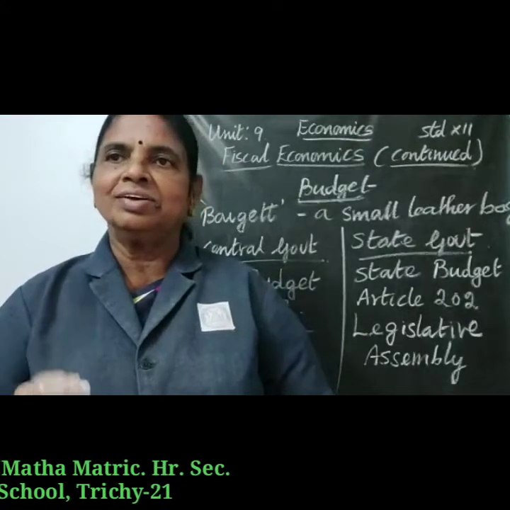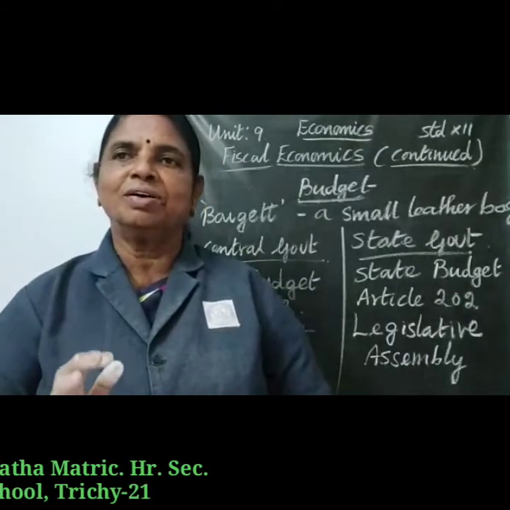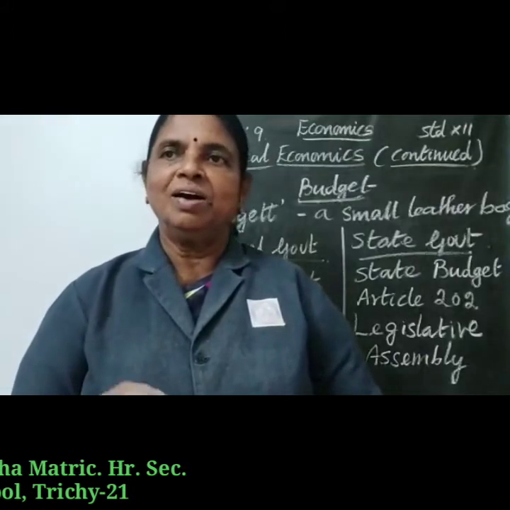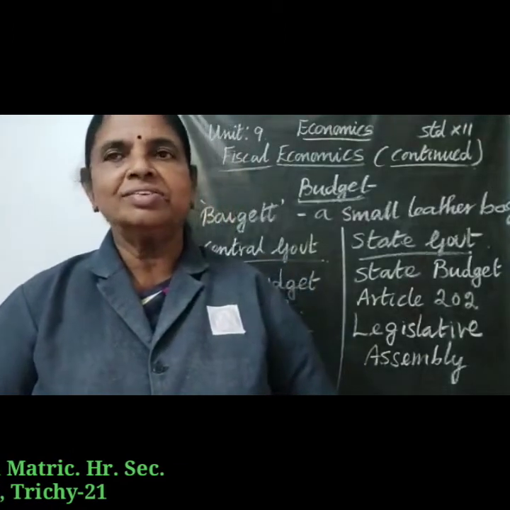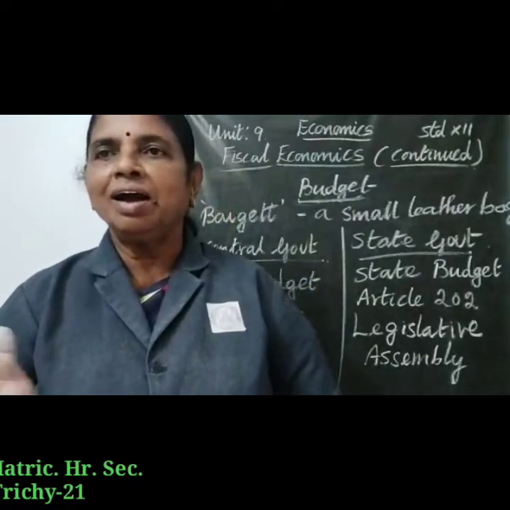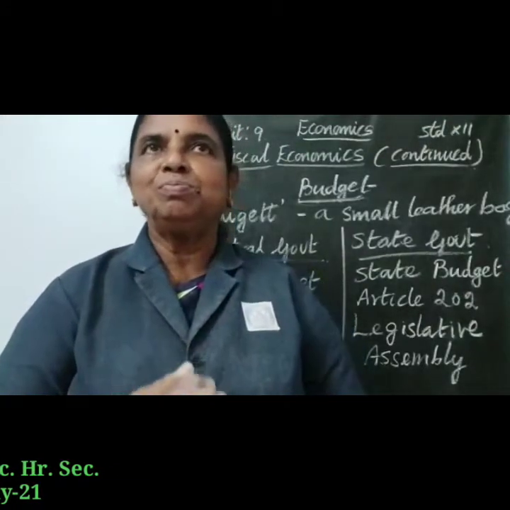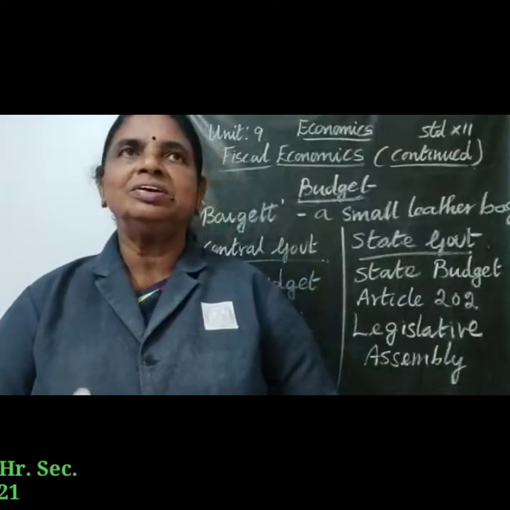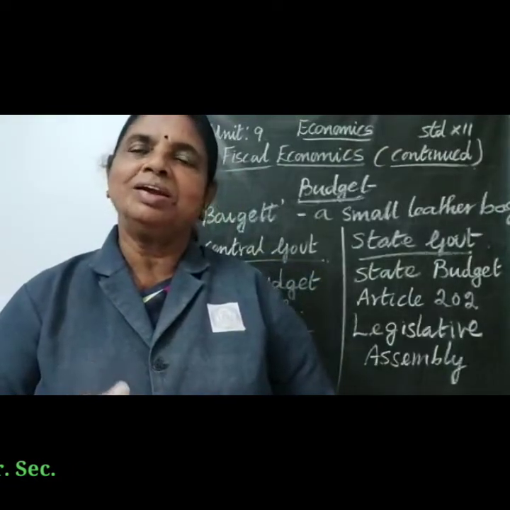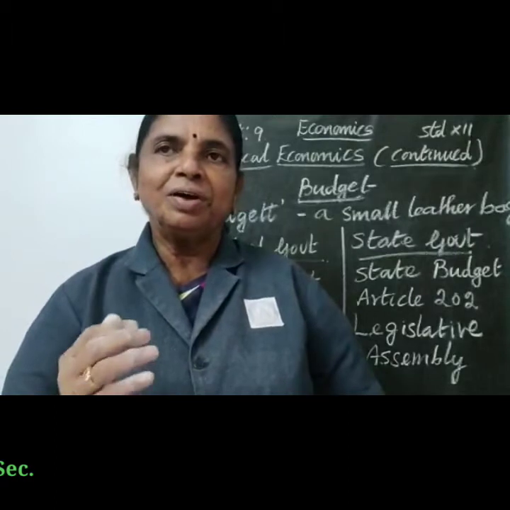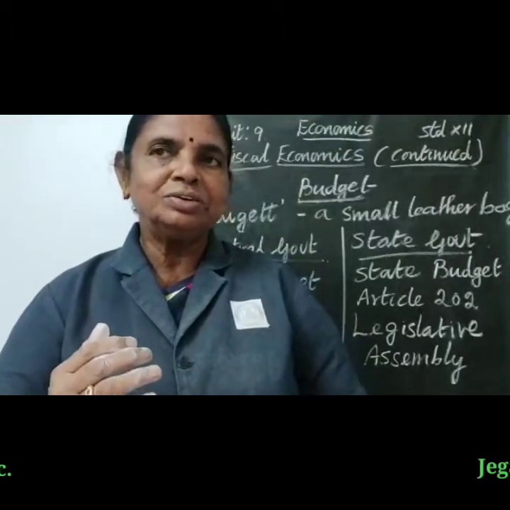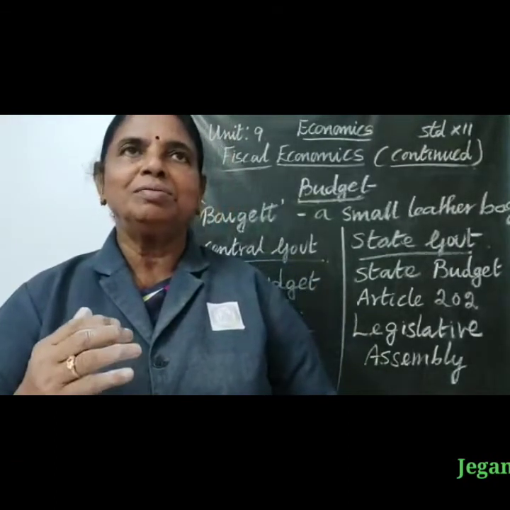In this case, the main sources of capital receipts are loans, advances, etc. The capital expenditure can be categorized into planned capital expenditure and non-planned capital expenditure. So now we have seen the revenue budget and capital budget.